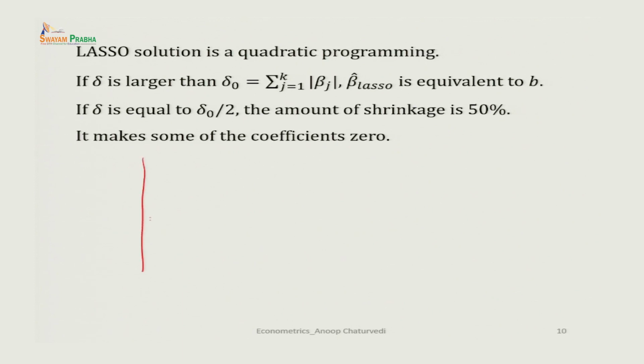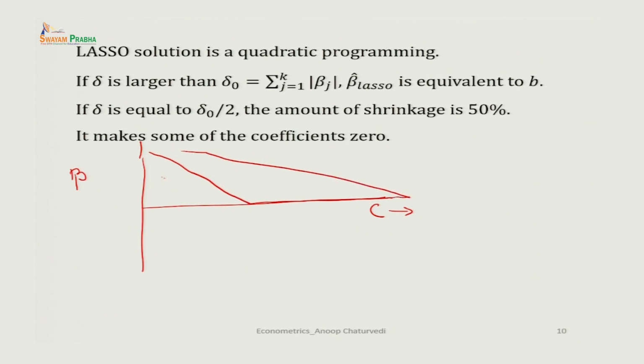But if you consider lasso, if you plot different estimators against C, then as C increases, your estimators move like this, or it may move like this, or for negative values it may move like this.